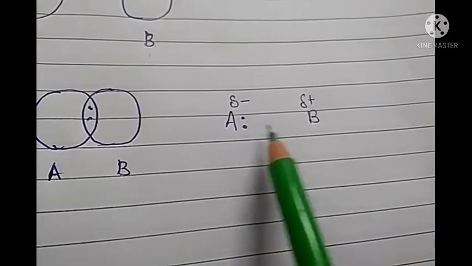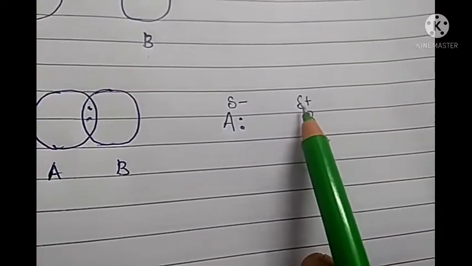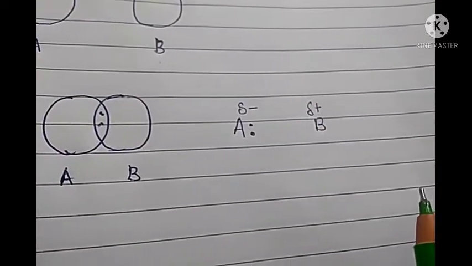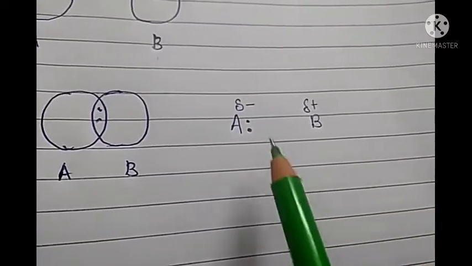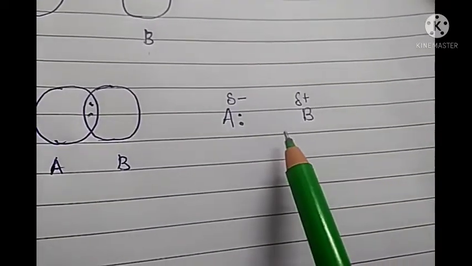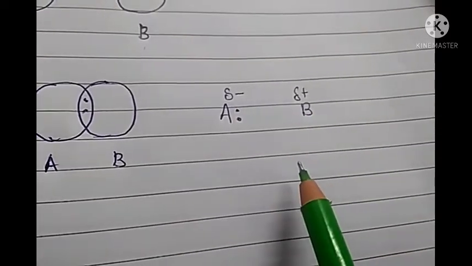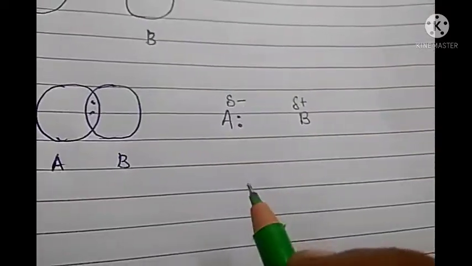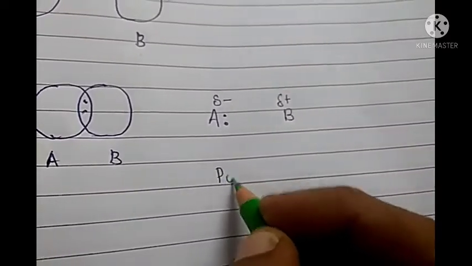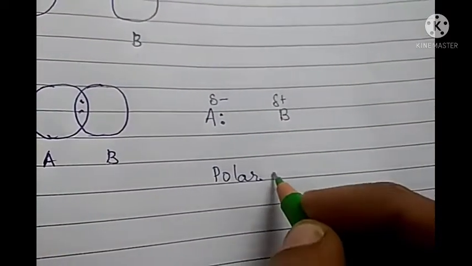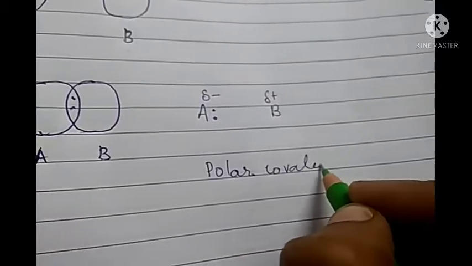And since these electrons are moving away from B, this B is getting a small positive charge. Okay. And here, even though this represents a covalent bond, there arises a small negative and positive charge. Such a molecule is known as a polar molecule, and that bond is known as a polar covalent bond.